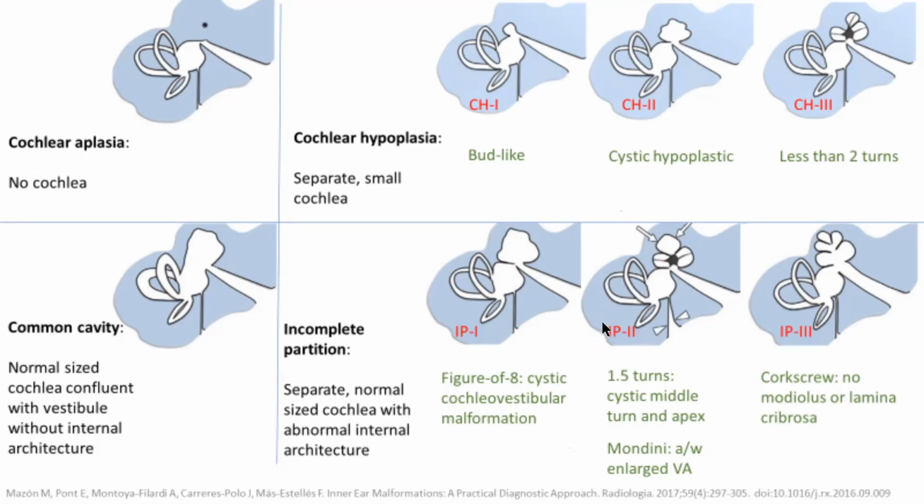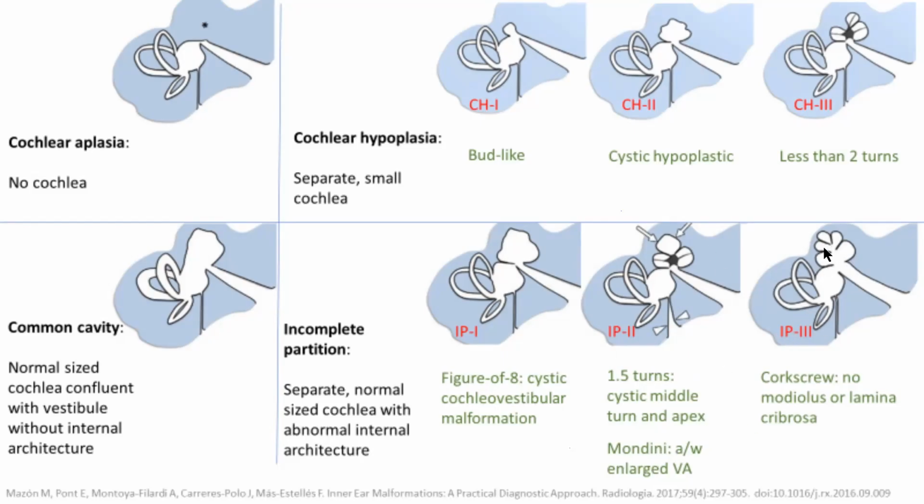The high yield association to know is that incomplete partition type 2 is associated with enlarged vestibular aqueduct, which is shown on this diagram as this funnel-shaped widening of the vestibular aqueduct. And when seen in combination, the IP2 plus enlarged vestibular aqueduct plus a slightly dilated vestibule, that is called the Mondini anomaly, or the Mondini triad, or the Mondini malformation.